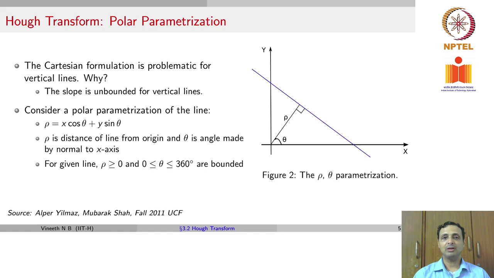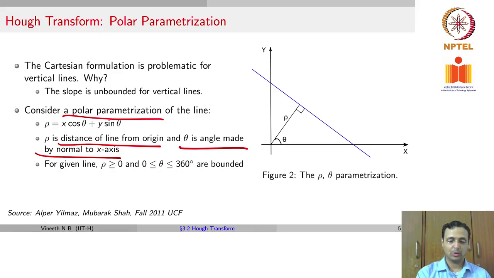So in such a scenario, it may be wiser to use a slightly different parameterization, the polar parameterization, which is written in terms of rho and theta, where rho is the distance of the line from origin and theta is the angle made by the normal to the x-axis. You can also write rho as x cos theta plus y sin theta.